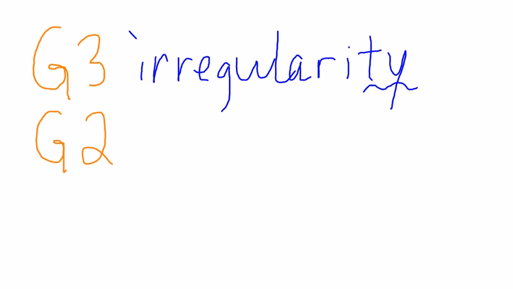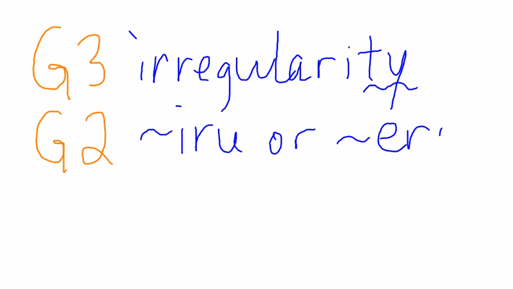Group 2 are the iru or eru ending verbs. Excuse the sloppiness there. So group 2 always end in ru. And then group 1 are all the remaining ones.